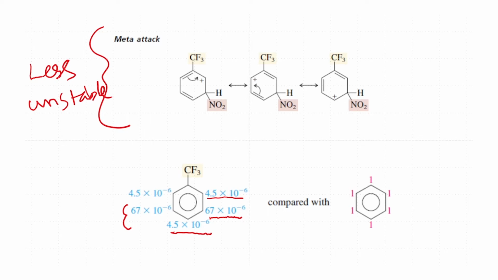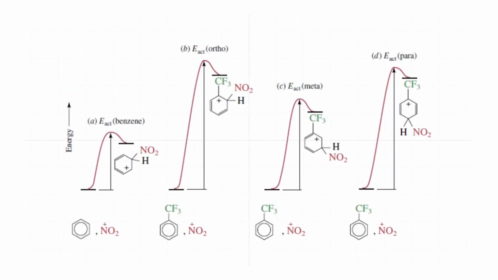Now coming to the energy profile, if we consider a regular benzene ring in nitration, we already know that this is the activation energy and this is the complex that is formed. Now when we consider the CF3 group and the electrophile is nitro, when it attacks at the ortho position, there's going to be a positive charge right next to the CF3, and this contributes to the lack of stability, and therefore with respect to benzene, this energy is going to be higher.